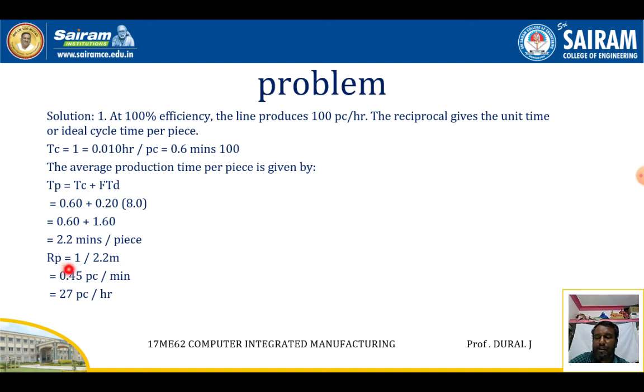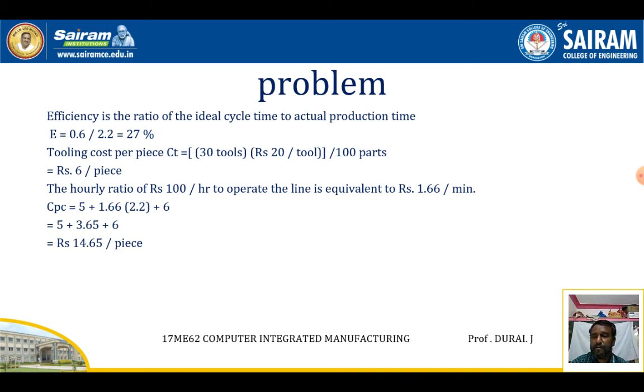Then RP is 1 by TP. So 1 by 2.2 minutes is 0.45 piece per minute, which is 27 pieces per hour. Then comes the efficiency: 0.6 by 2.2, we get 27% efficiency.